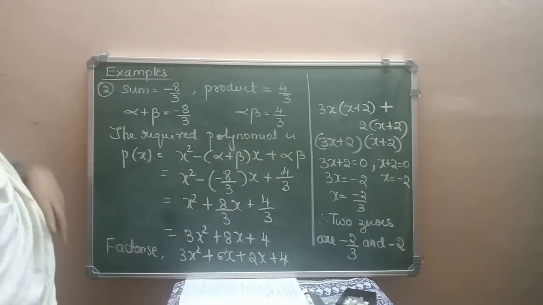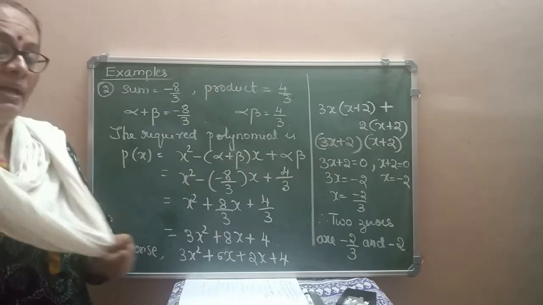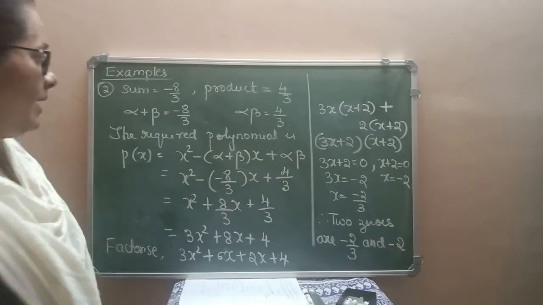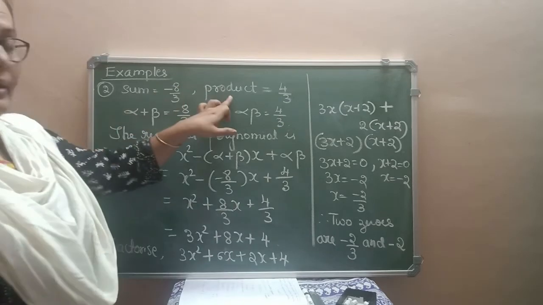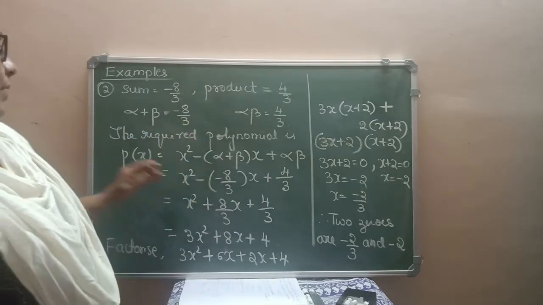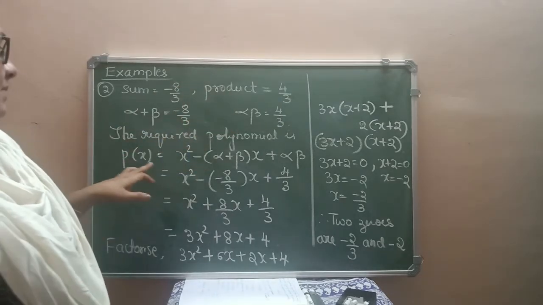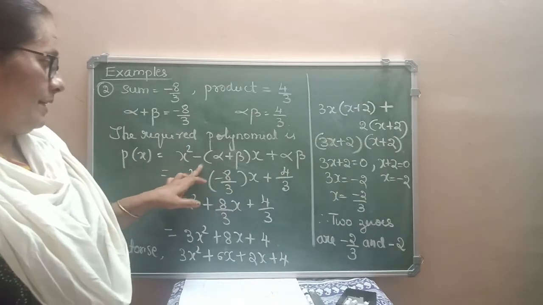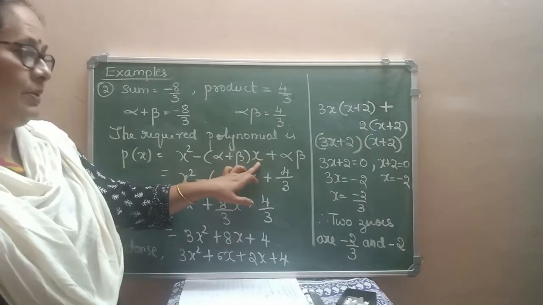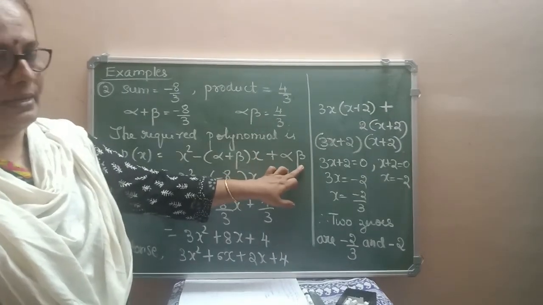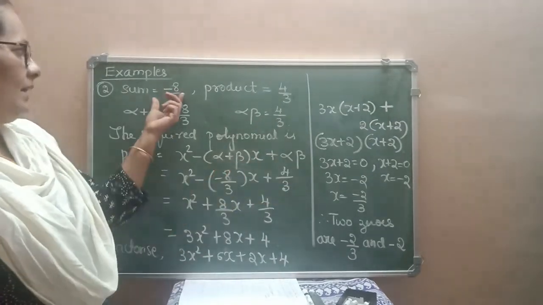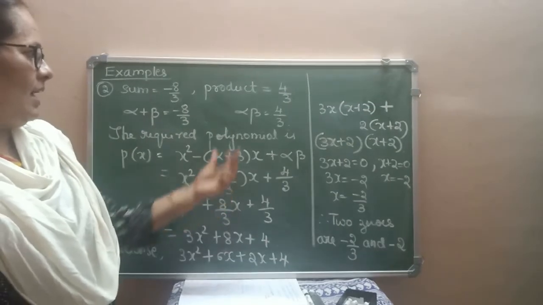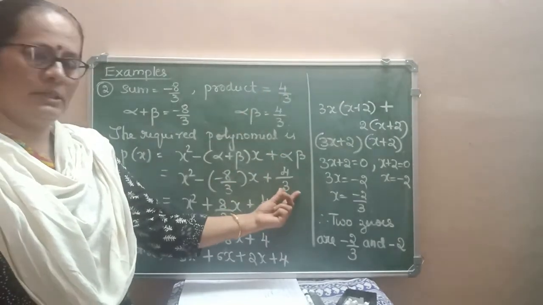So what you have to do first? You have to frame a quadratic polynomial using sum and the product. So the formula to write the equation is P of x equals x square minus alpha plus beta into x plus alpha beta. So what is alpha plus beta? Minus 8 by 3 and product alpha beta is 4 by 3.